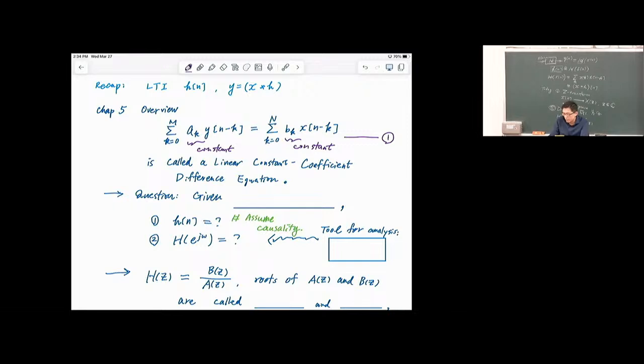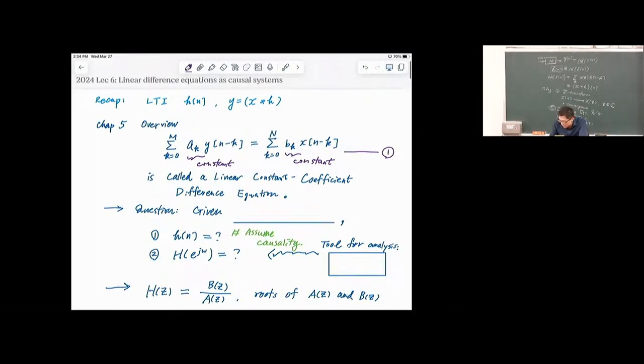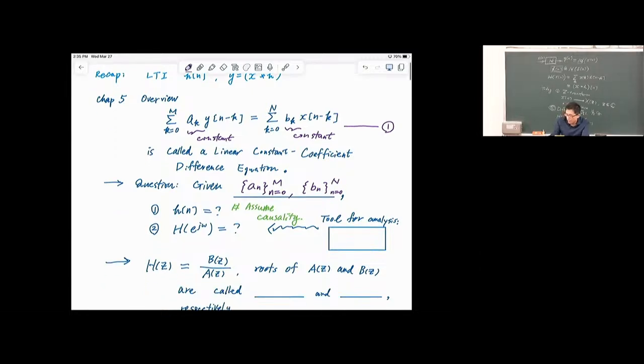So here, the general question in chapter 5 is that given the coefficients, given a_n and b_n, where n is a dummy variable from 0 to big N, given these constants, everything is constant right here.